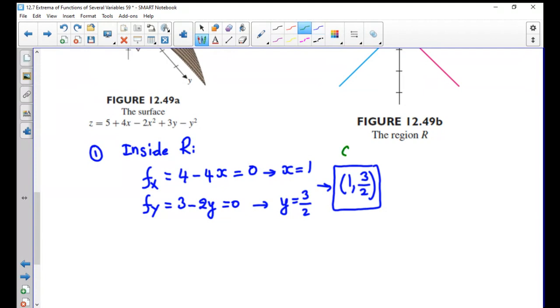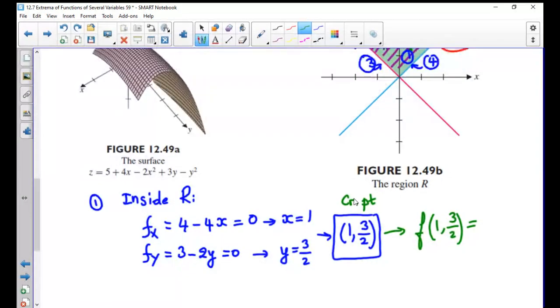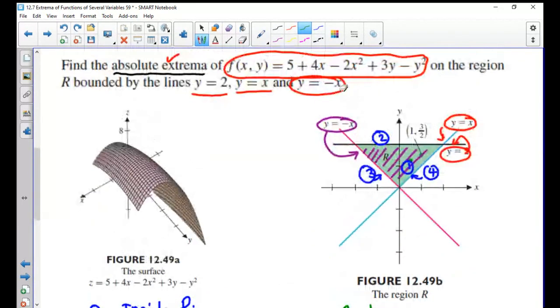So this is a critical point. And then after that, I can find the value of f at this point. Substitute this point. By the way, I can check it's inside: (1, 3/2) is inside the region R. So this point belongs to the region R, it's okay. So we can find its value, substitute in the function f.